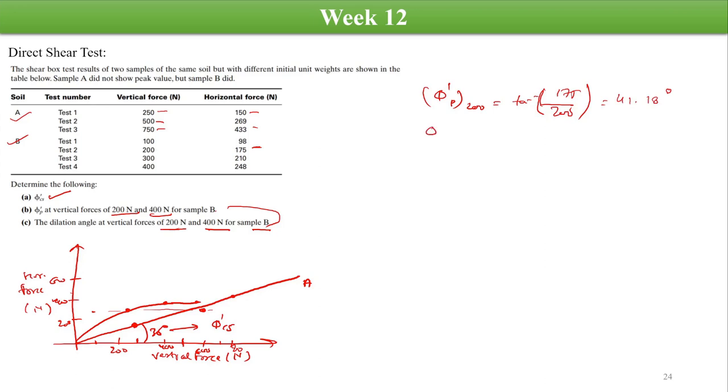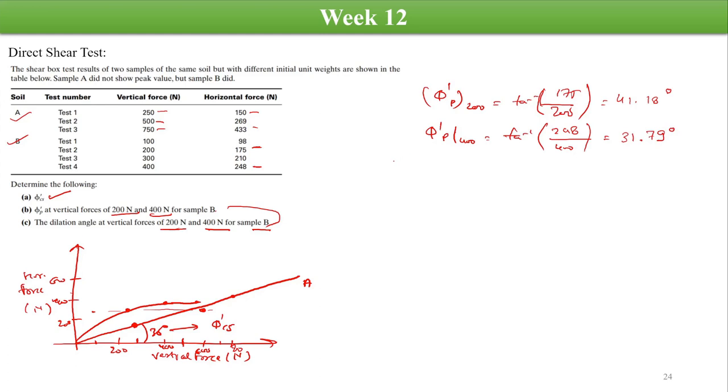Similarly, we can do it for phi dash peak at 400 Newton. That will give you tan inverse of the horizontal force 248 divided by 400. So it's going to be 31.79 degrees.